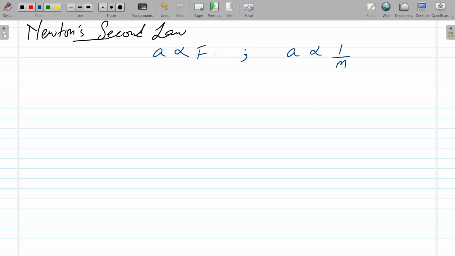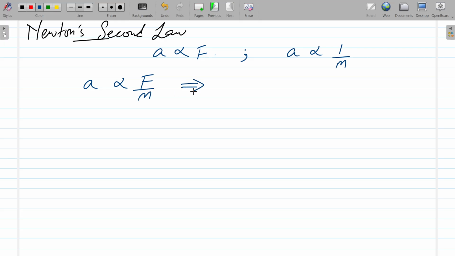Okay, if we put those two together, what we get is acceleration is directly proportional to force and inversely proportional to mass.